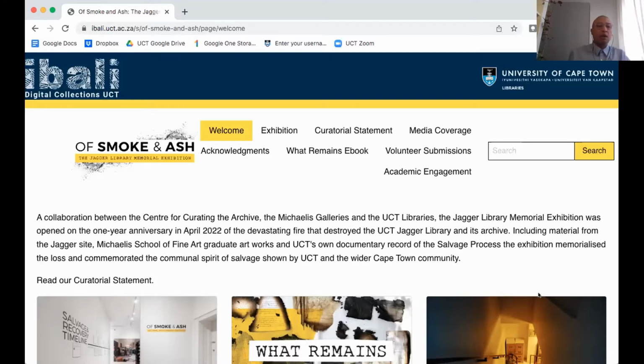So what does it mean to use the images that were generated not only by UCT Libraries, but also by volunteers, so official but also unofficial images, for reflecting on what the salvage was all about, but also to use matter from the site, burnt matter that had been preserved for the purposes of future preservation and future reflection on this institutional disaster.